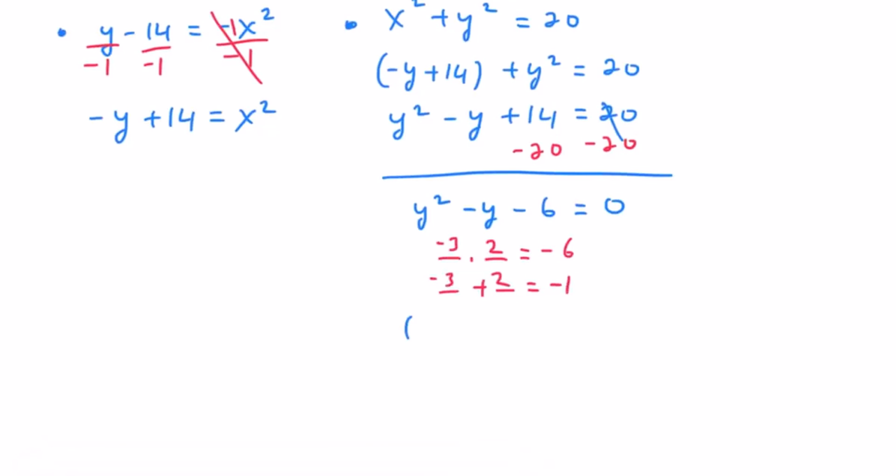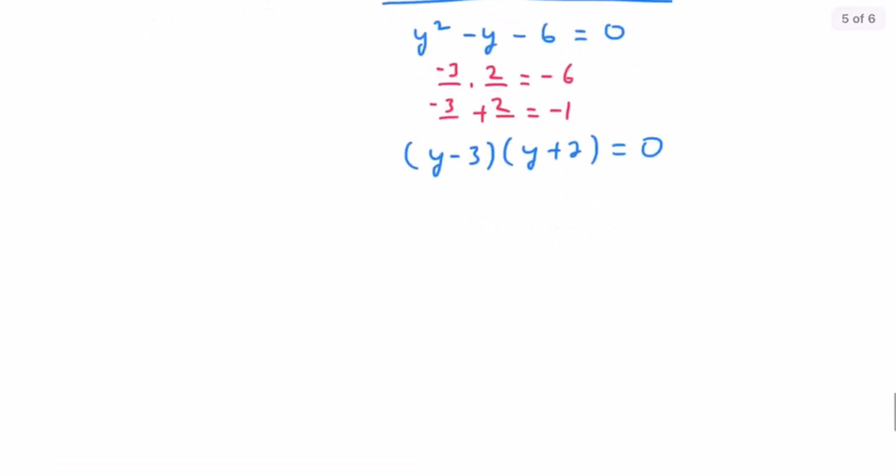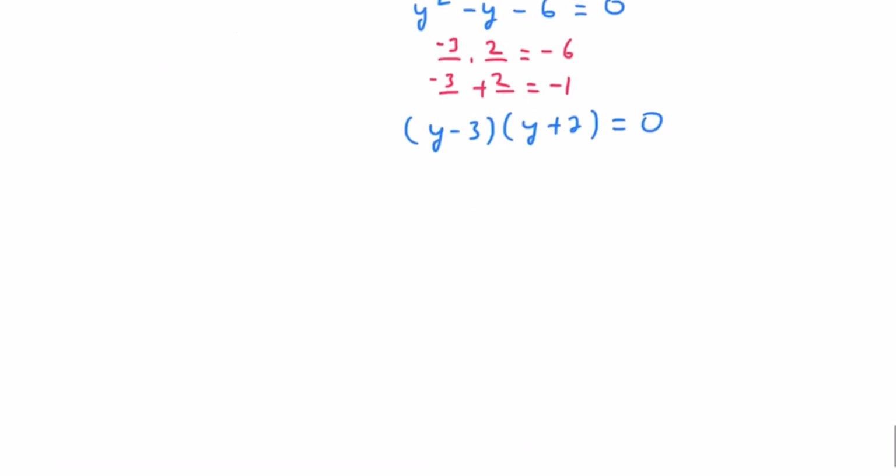So we have y minus 3 times y plus 2 is equal to 0. Set each group equal to 0 and solve. So y minus 3 is equal to 0. Add 3 over, so y is 3. y plus 2 is equal to 0. Minus 2 over, so y is negative 2.